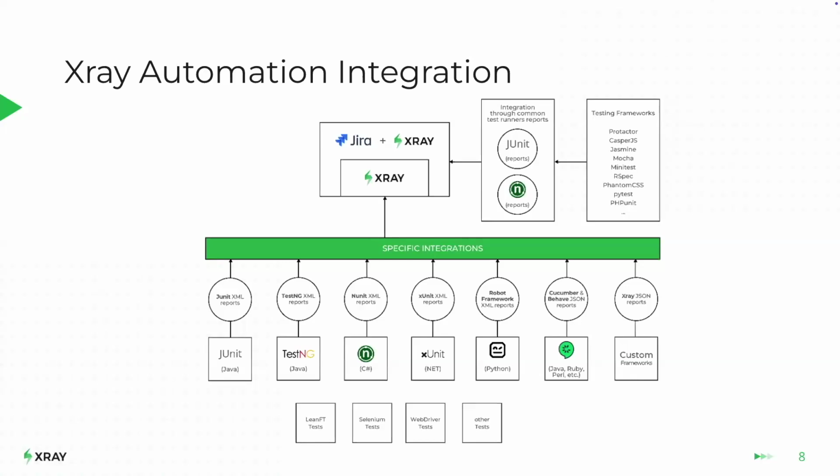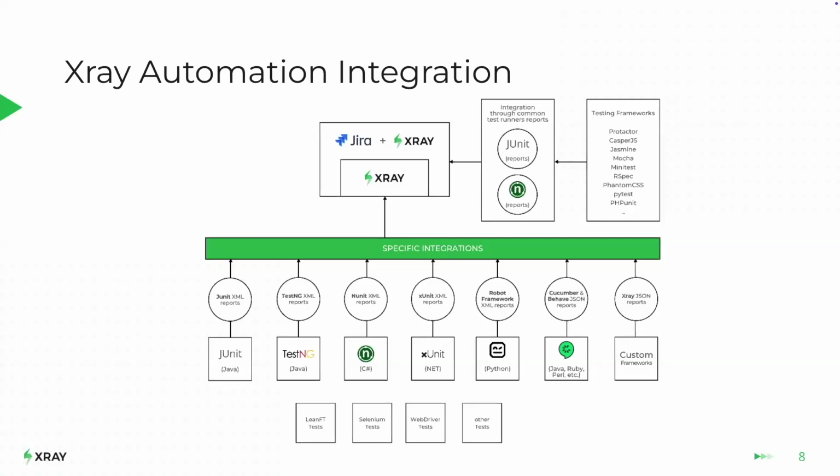So with a single API call, automation results will be centralized alongside manual and exploratory efforts, giving the team a unified view of testing activities within the same platform where the project features are developed. This flexible strategy ensures that Xray supports new automation tools and frameworks as long as they produce standardized outputs like JUnit results, which are actually widely adopted across the industry.